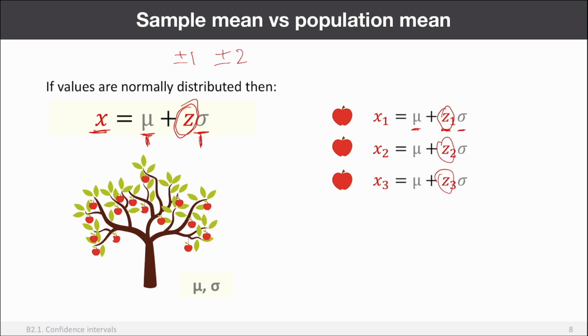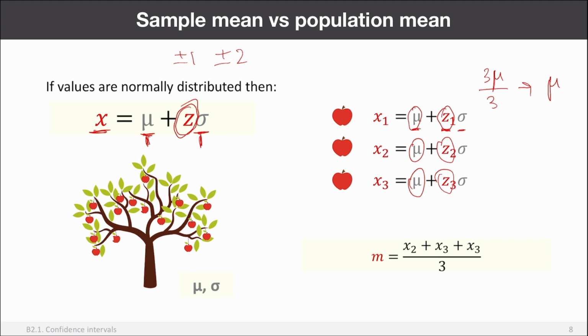However, let's limit our sample to 3 and compute the average of these 3 values. We compute it by taking a sum of these 3 values and dividing by 3. So that's easy. However, look, if you take a sum of this part, you will have 3 mu, right? Then if you divide it by 3, you will get mu.